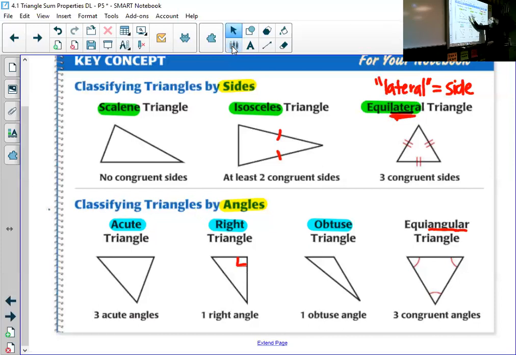So equiangular is when you have all 3 angles that are congruent. And I will come back to this slide in a minute after we talk about the next slide. So make sure you have all of these vocab words and a picture in your notes.